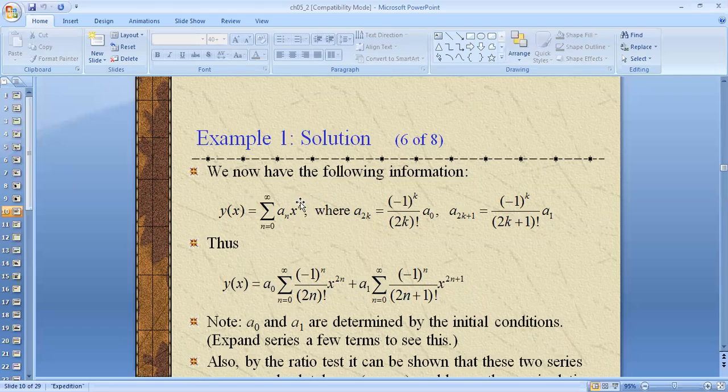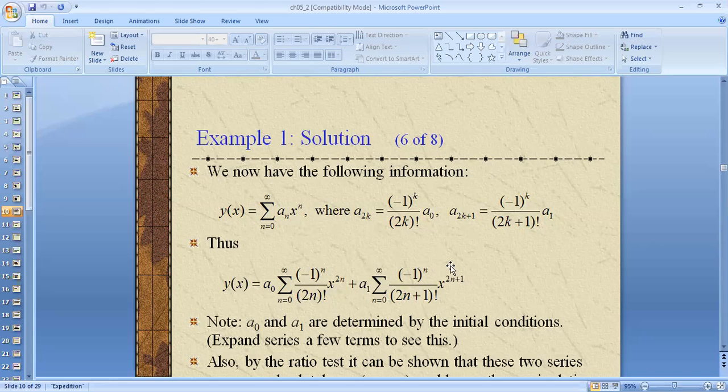y(x) was our trial solution of the differential equation, where a_2k equals this for even and a_(2k+1) equals this for odd. So this solution can be written as y(x) equals a0 sum n equals 0 to infinity (-1)^n over (2n) factorial x^(2n), and the second expression, sum n equals 0 to infinity a1 (-1)^n over (2n+1) factorial x^(2n+1).